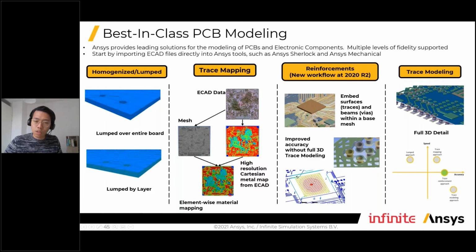Those reinforced elements interact with our solid elements, that's our boards. That helps us to conduct the heat, and it causes some interaction between the different thermal coefficients. However, the mesh does not become overcomplicated, and there's no contact element needed between the reinforced element and the solid element. So the trace reinforced approach is one of the best balances between speed and accuracy.